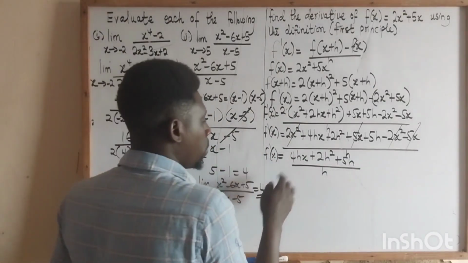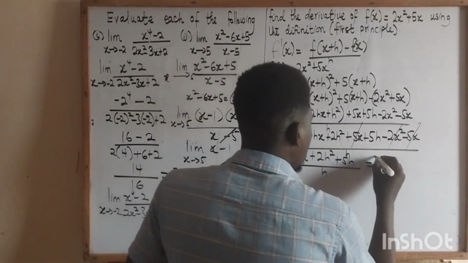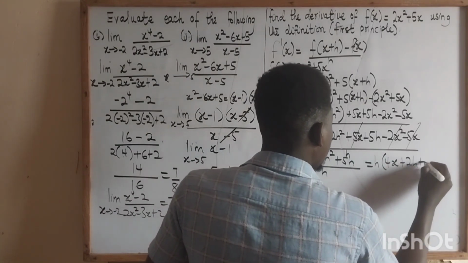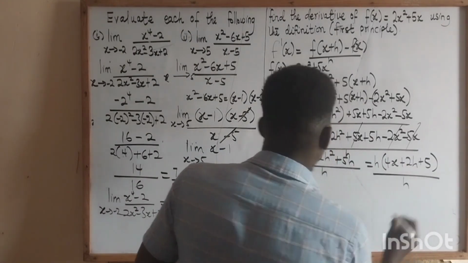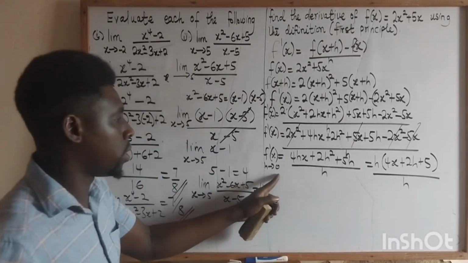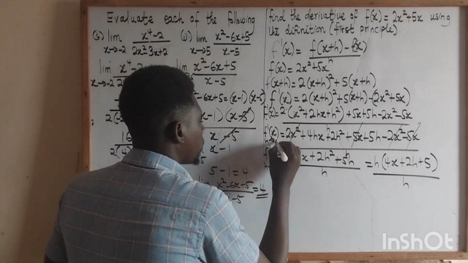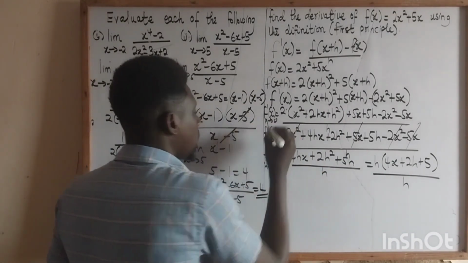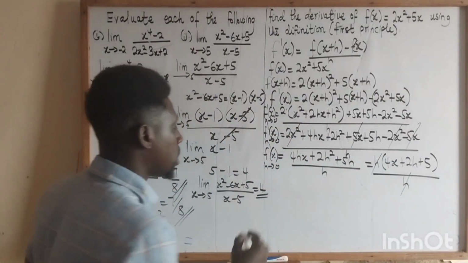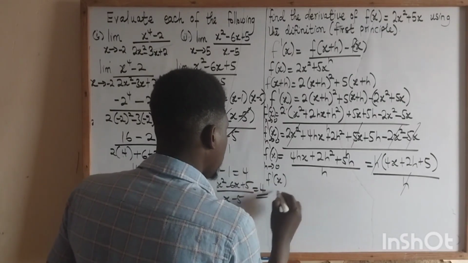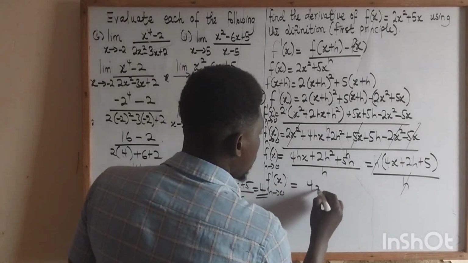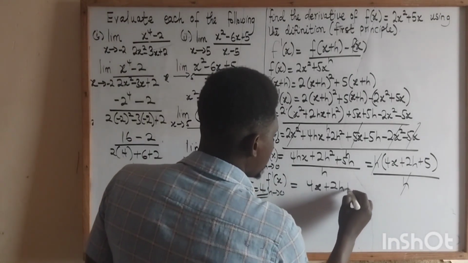So now what do we do? Let's factor out h. We get 4x plus 2h plus 5 all over h. Now mind you, in all of this, h approaches 0, so you have to be mindful of that. What do we do? h will cancel h. So our new expression, as h approaches 0, is 4x plus 2h plus 5.